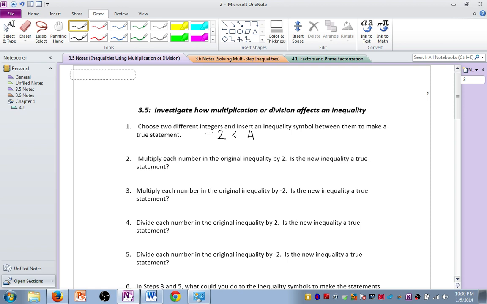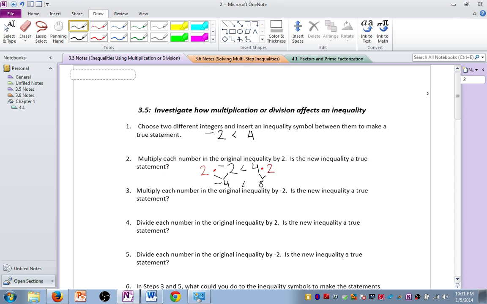Now on number 2, it tells us to take each inequality, so -2 is less than 4, and multiply that by 2. So if I multiply this side by 2, and I multiply this side by 2, we're now going to solve each side. 2 times -2 gives me a -4, and 4 times 2 gives me 8.